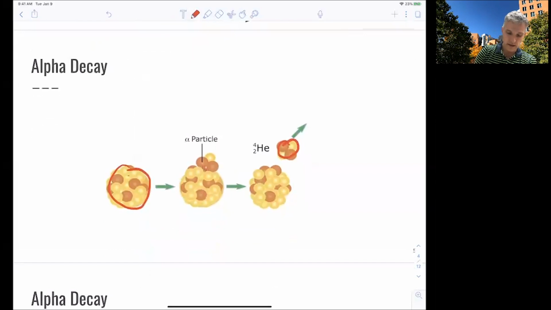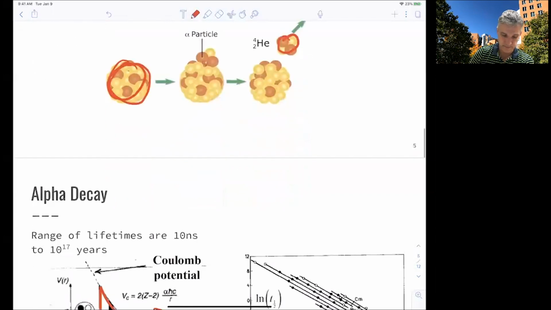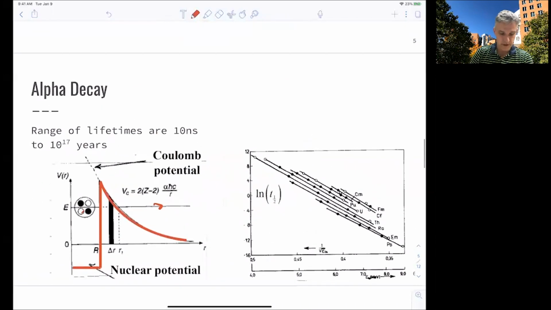As I said, we start from a rather large, heavy nucleus, and it seems possible for it to spit out helium or an alpha particle. So the first thing we want to have here is a view of the potential in which the alpha particle sits.